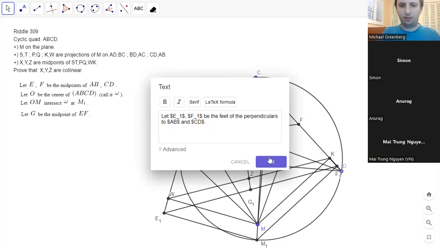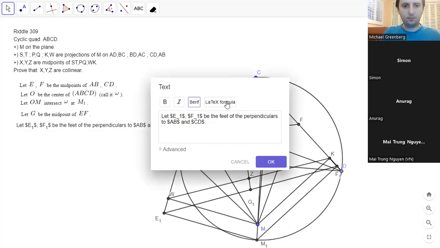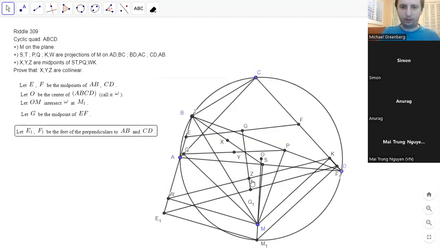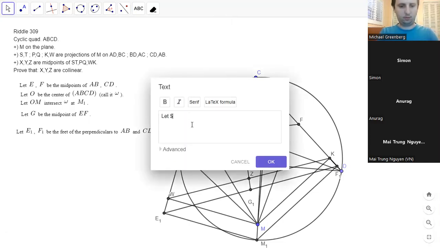And then let G1 and Z be the midpoints of E1F1 and WK. Okay.